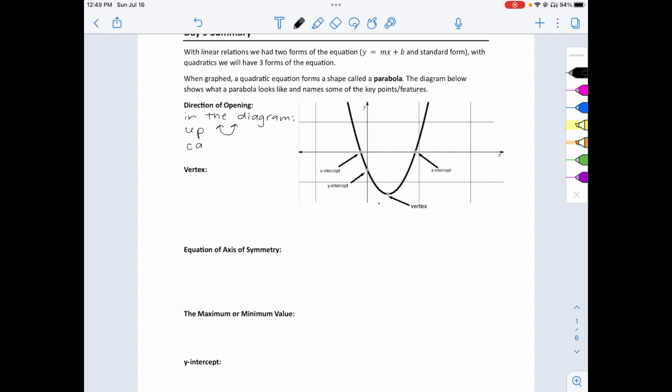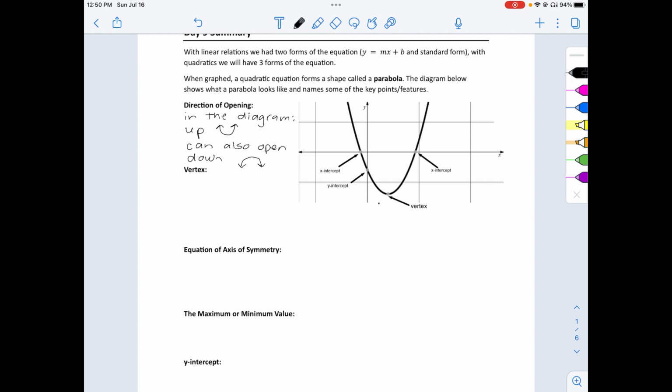A parabola can also open down. So it could look like this, kind of like an umbrella shape or a hill shape, where it has a high point and then in either direction on the x-axis, it would continue to open down infinitely. So those are our two options for direction of opening, either up or down.